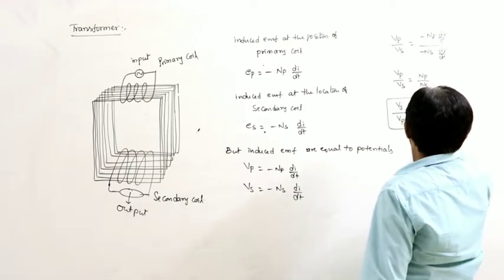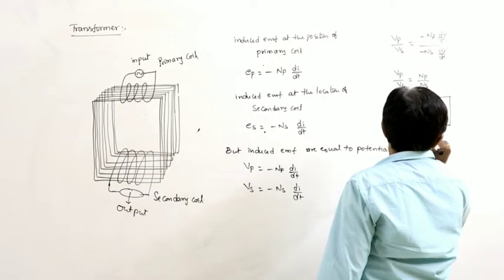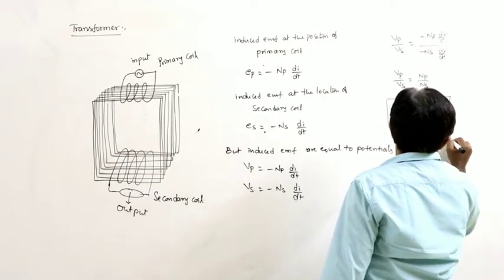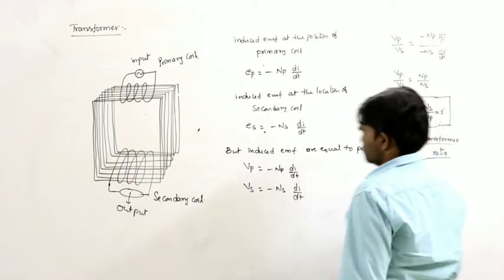So that is equal to R, where R is called the transformer ratio.